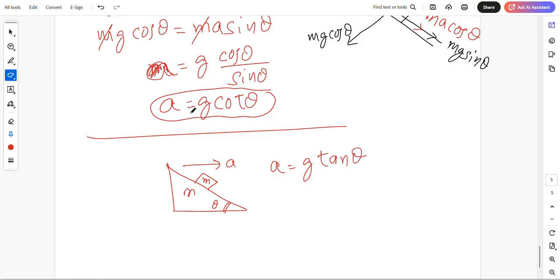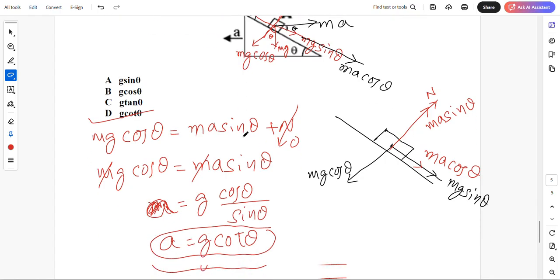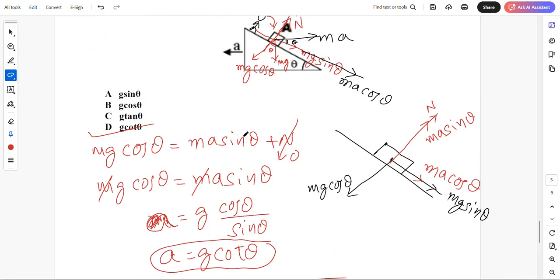Now here what is coming? A is equal to g cot theta. Now here the wedge is moving to the left side, and this is falling freely. You are supposed to impart horizontal acceleration towards the left to the wedge for the body to fall freely vertically, which is a equal to g cot theta. Hope you understood these problems.